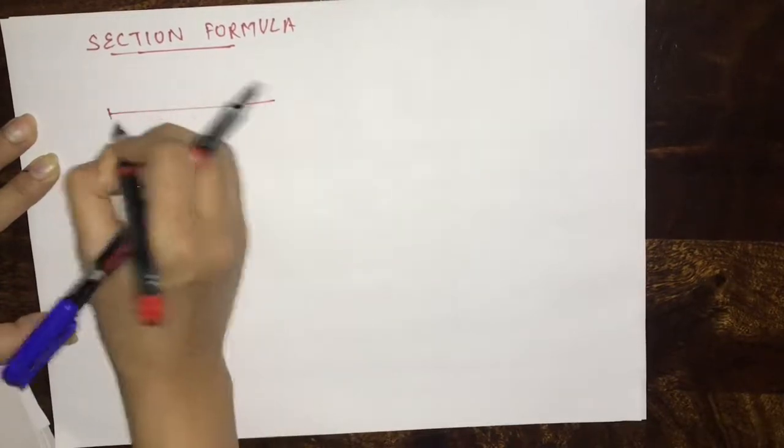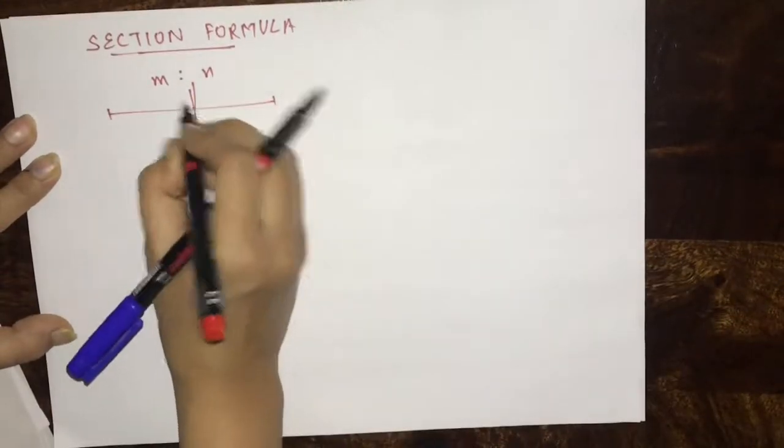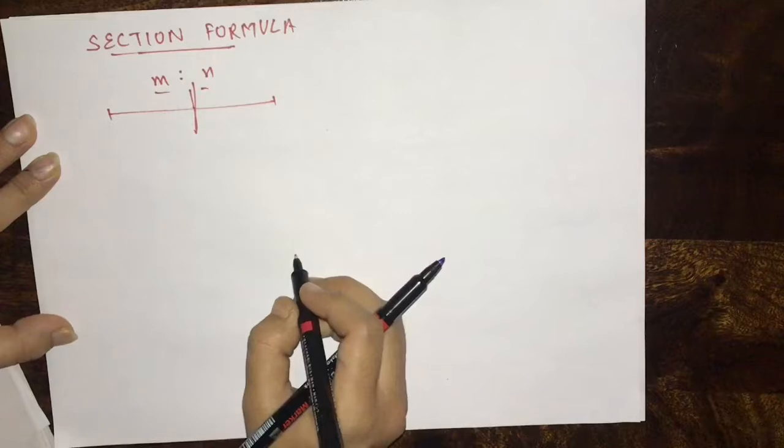If any 2 points is divided internally, say in m is to n, then the ratio is given to you as m is to n.